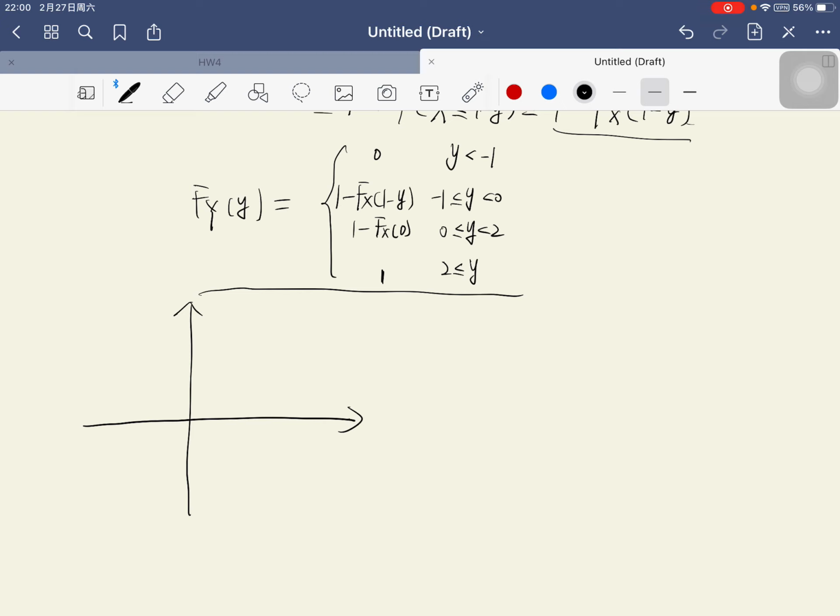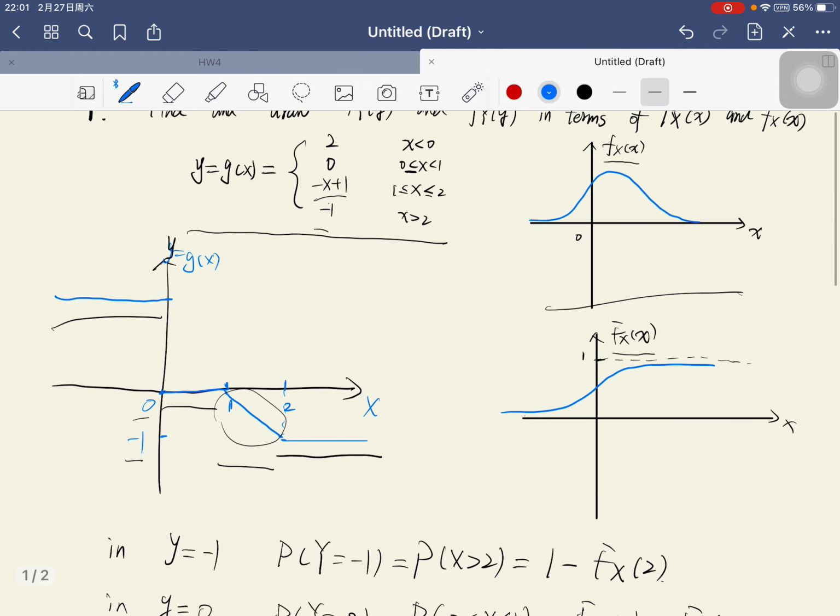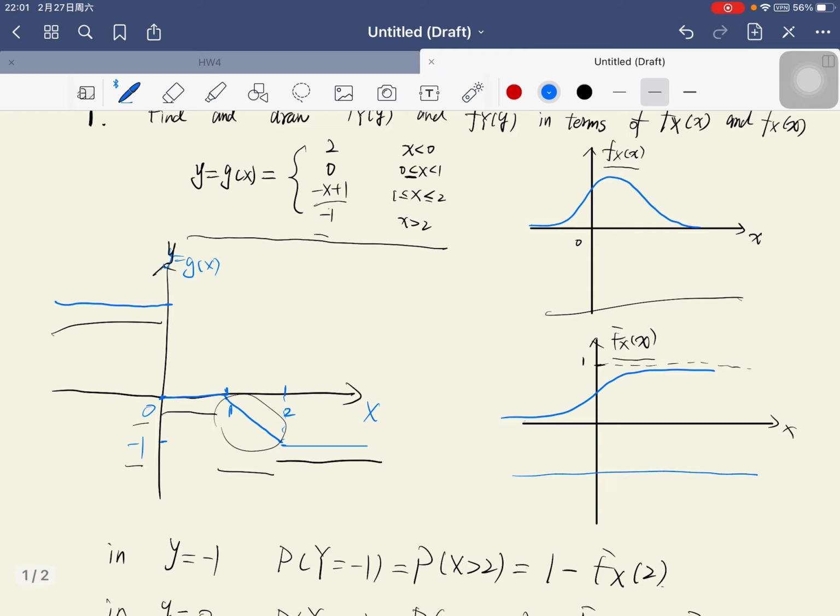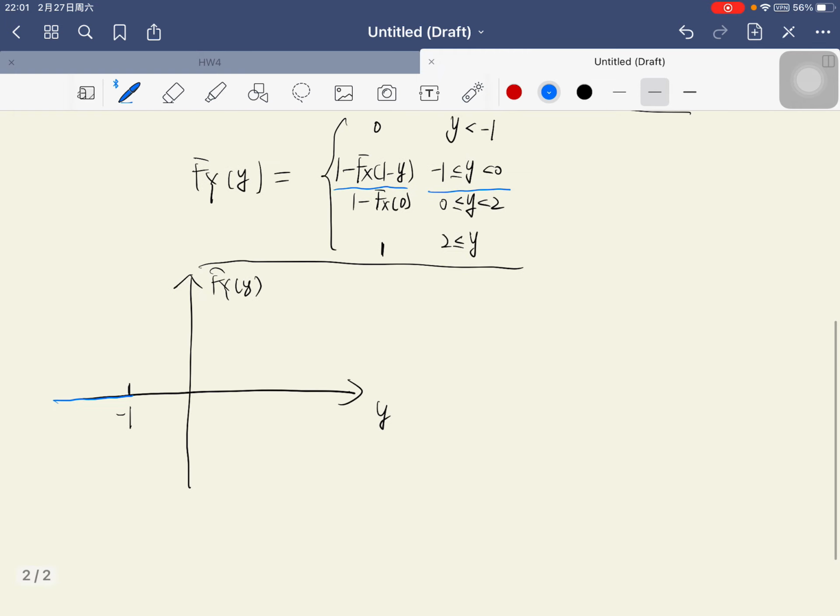When y is below -1, it is 0, and when y is from -1 to 0, it is the value of 1 minus the distribution function of x at the value 1 minus y. We could look at this graph and use it to compute.